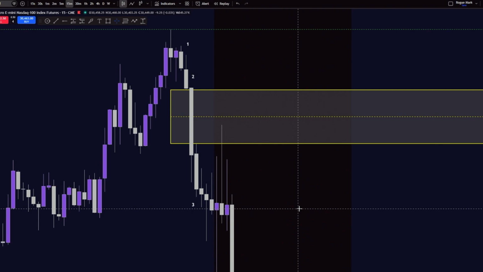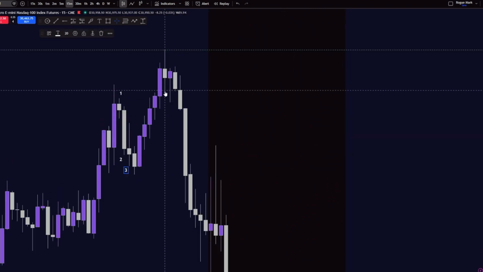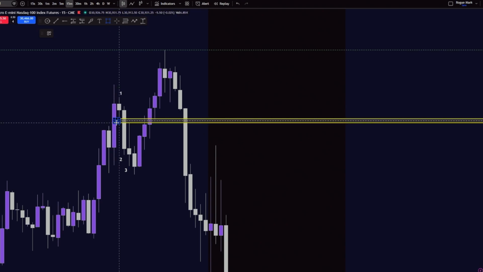Now, for an inverse fair value gap, we have a slight fair value gap on this one. As you can see, the second candle didn't really have much of an imbalance, but we still have the gap from the top of this bottom wick to the top of this one.